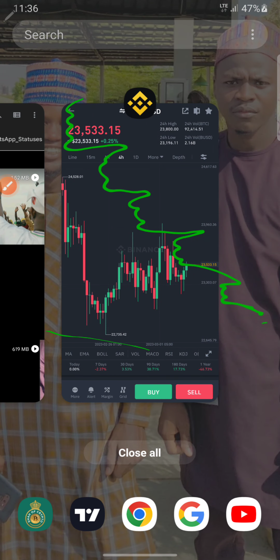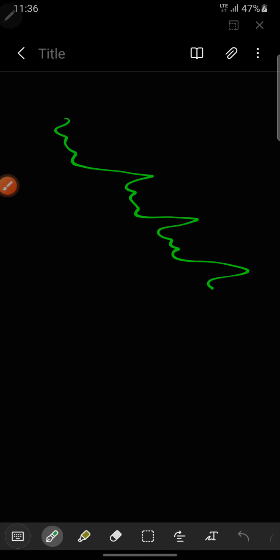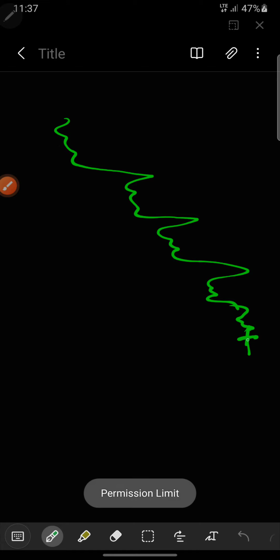Oh, I'm very sorry guys. Assuming this is the market going upward, they will now create an evening star here. So remember, I told you morning star appears at the end of the downtrend, while evening star appears at the top of the uptrend.